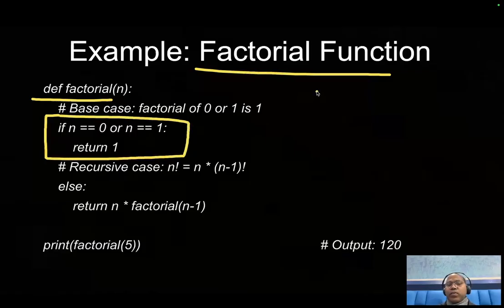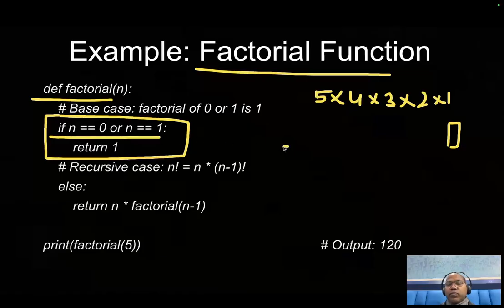In the case of my factorial, 5 multiply by 4 multiply by 3 multiply by 2 multiply by 1, and after that I am going to stop. So if my input number is 1 or 0, I am going to stop. Factorial of 0 becomes 1, so we have to stop the loop.